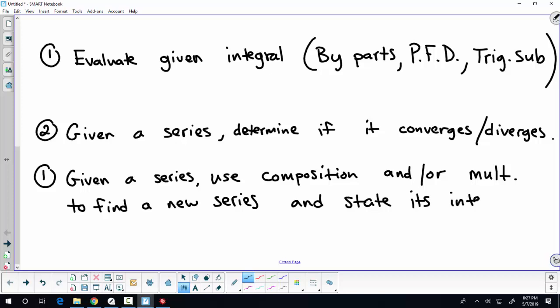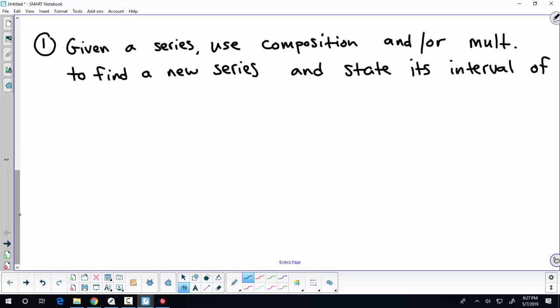What do you mean by that? So I'll write an example here.